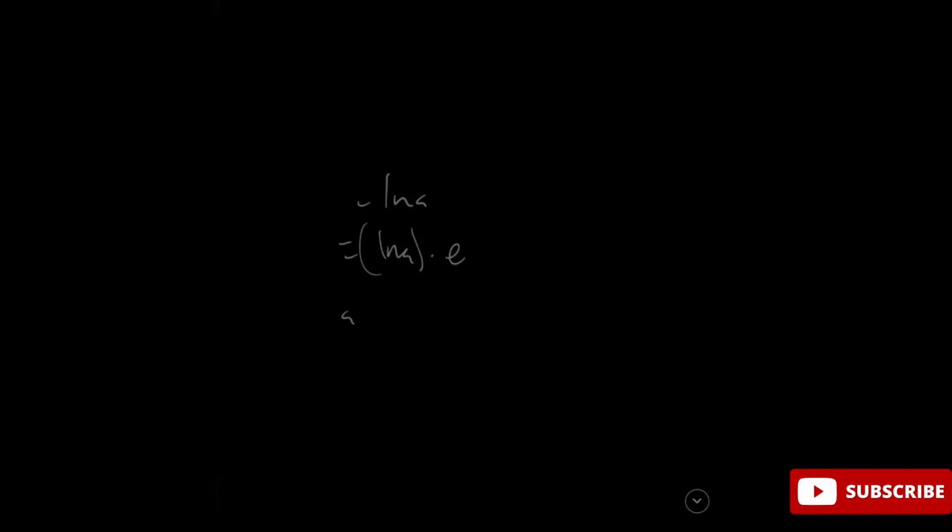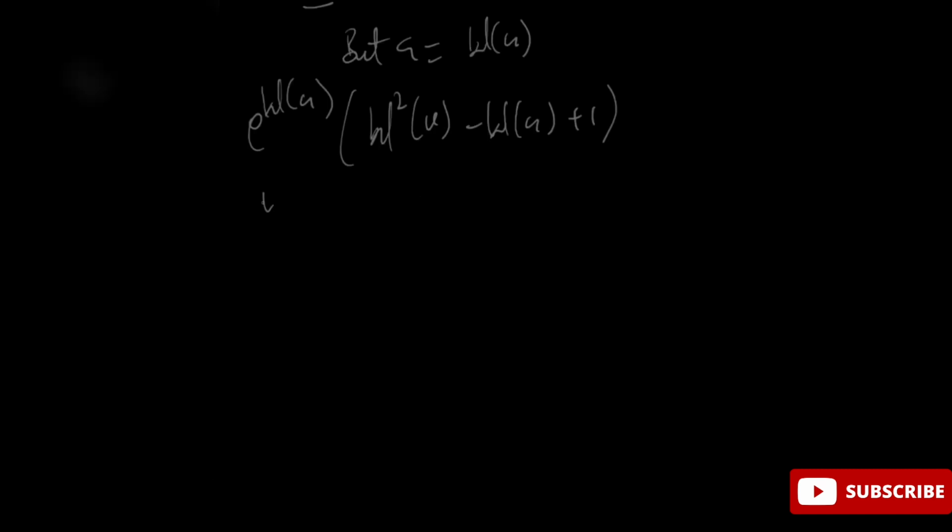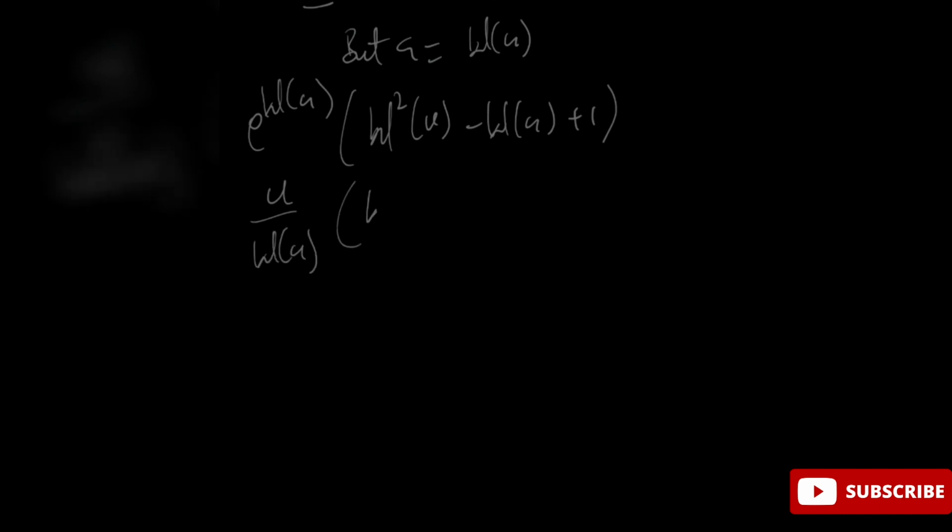Okay, so with that being said, we can rewrite this as u over w of u multiplying w of u squared minus w of u plus 1.